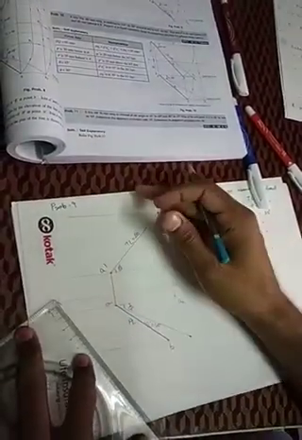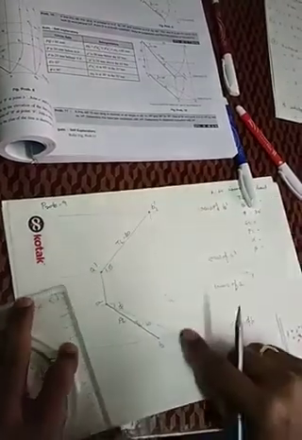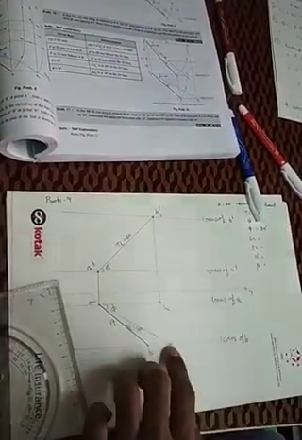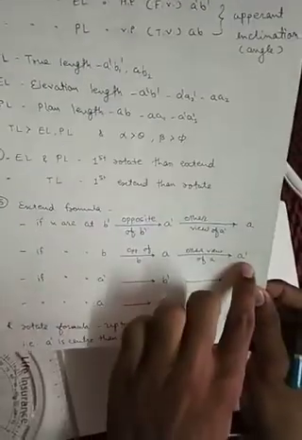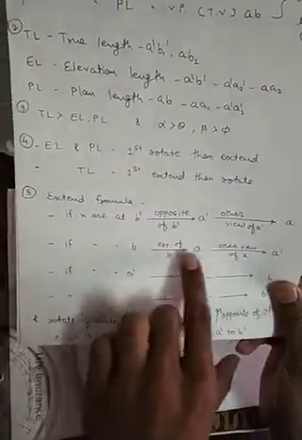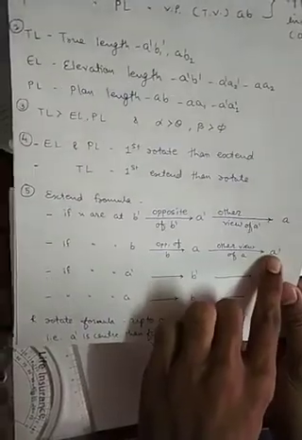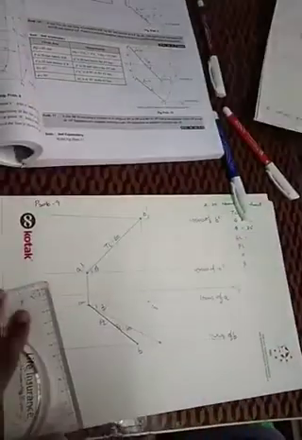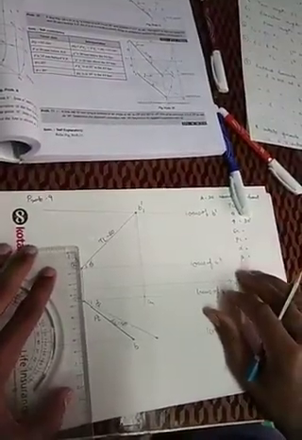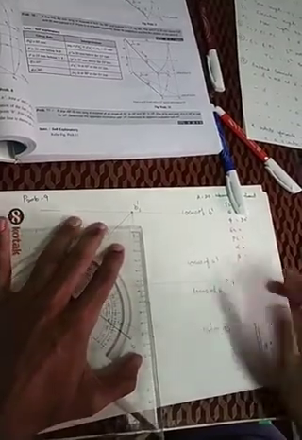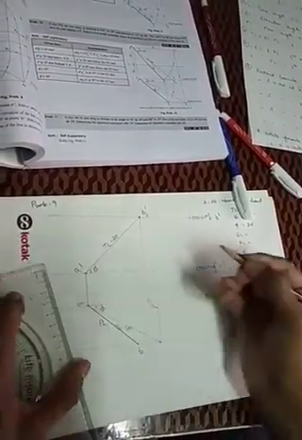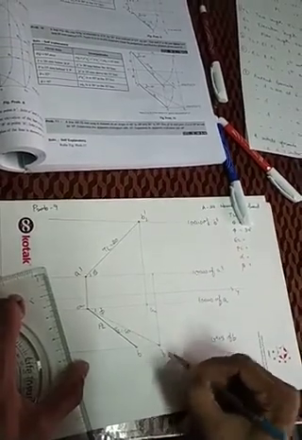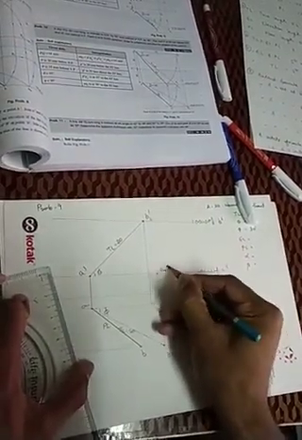Similarly, you can find the elevation length in the upper section. If you have a true length and you are at B, you have to extend that line from B to A dash. Opposite of B is A, the other view of A is A dash, so you have to extend till A dash. So I am extending this true length from B to A dash point. I got a point, say I name it B2, so I have point A2 dash.